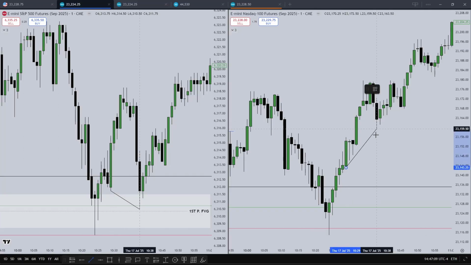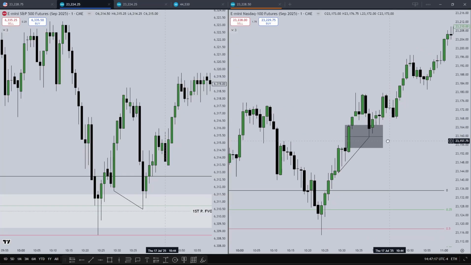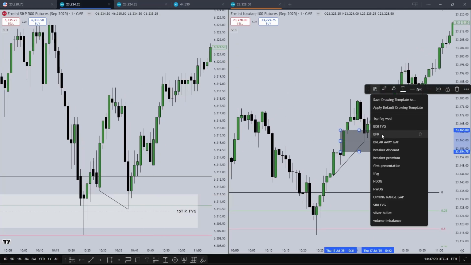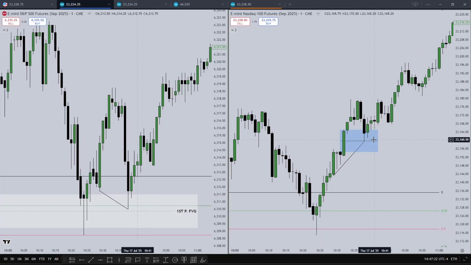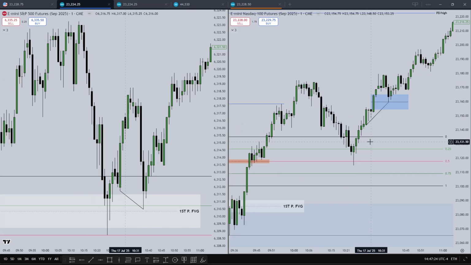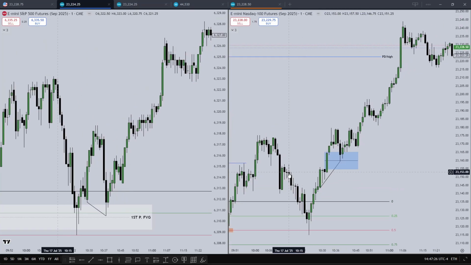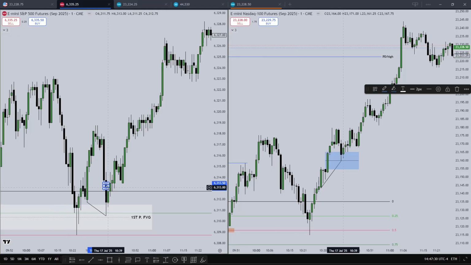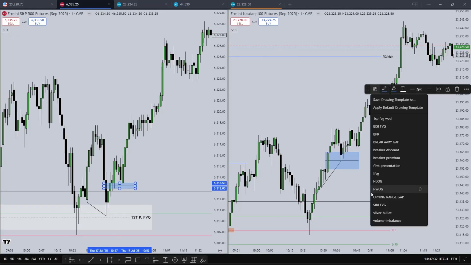So this one and this one, this is an SMT bullishly, and we have this fair value gap. Look at that. Very nicely, and price continues climbing higher. On ES, we can use this as a change of state of delivery as well.